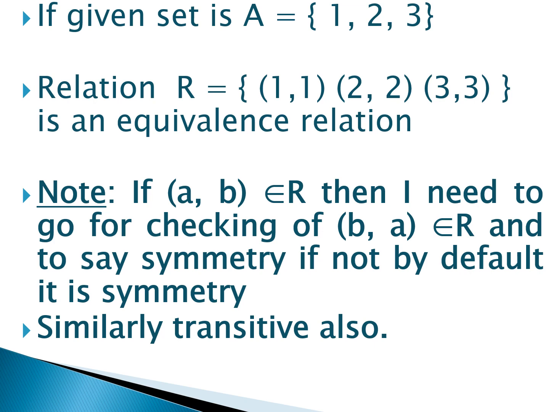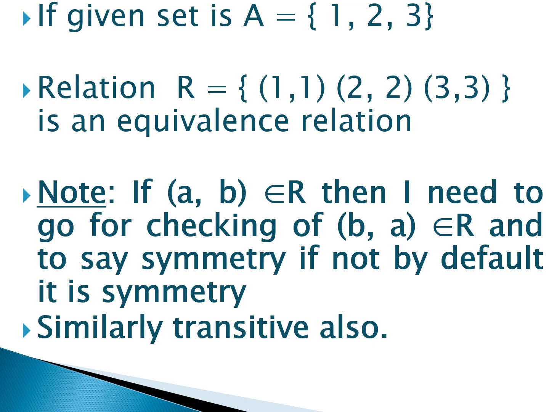For example, if the given set is A with elements 1, 2, 3, a relation R is equal to (1, 1), (2, 2), (3, 3) belonging to relation set R. For every element a in capital A, (a, a) belongs to R, therefore it is reflexive.